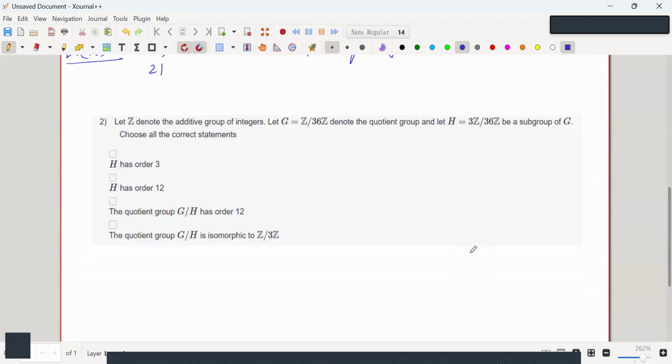Clearly this is a subgroup of G, because here we are taking the quotient of the entire Z by 36Z, and here we are taking the quotient of 3Z by 36Z. So this subgroup sits inside G.